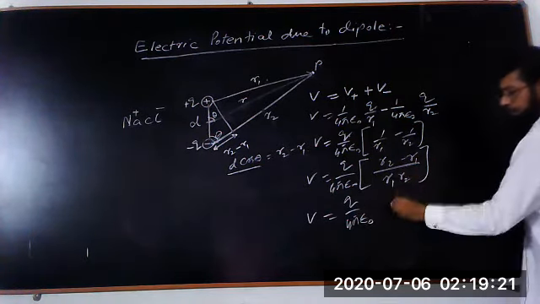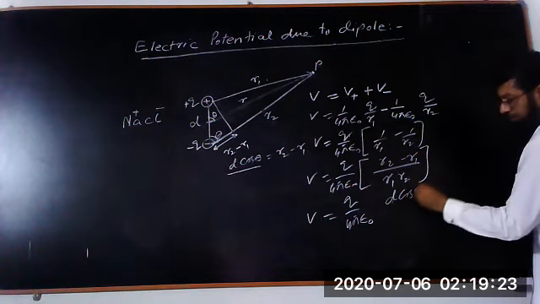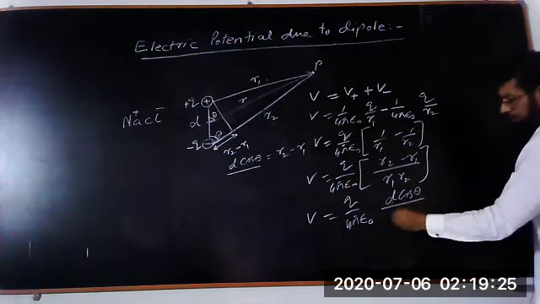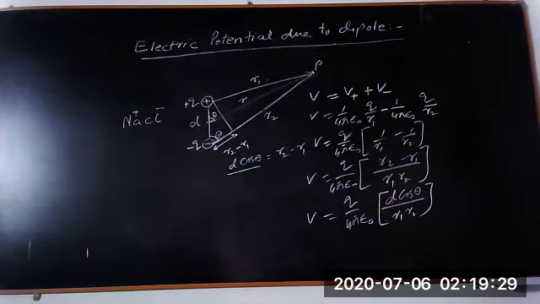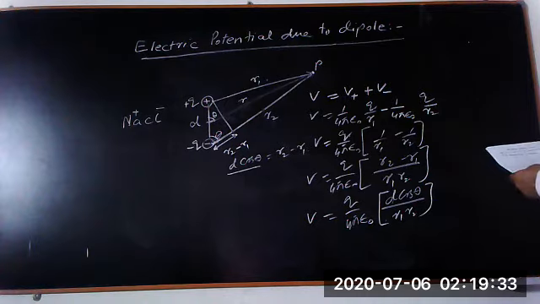This R2 minus R1 is equal to d cos theta, so it is d cos theta upon R1 into R2. So this is the potential at point P due to the positive and negative charges.